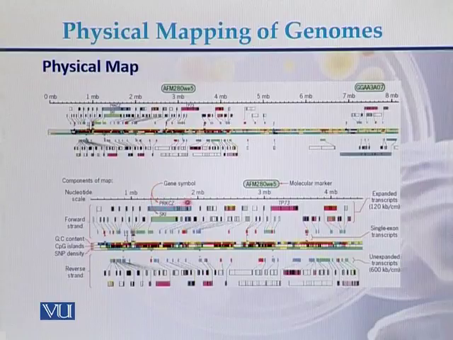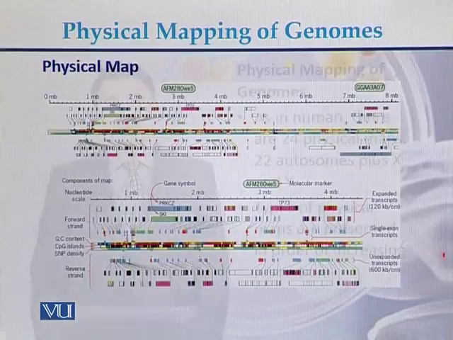This is an expanded view of the same map in which we can see the genes that are present somewhere between 1 Mb and 2 Mb of the DNA. So with the help of physical maps, we can know the exact location of the genes and identify the exact sequence of the DNA that makes a specific gene.